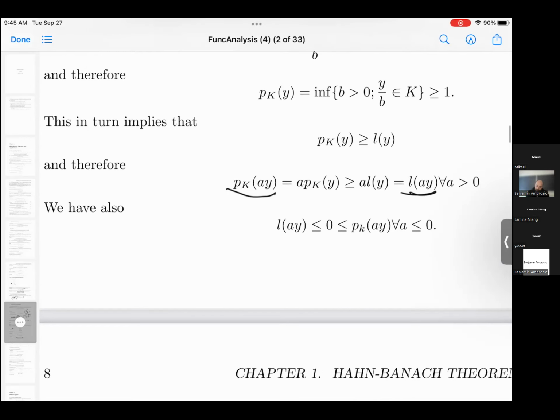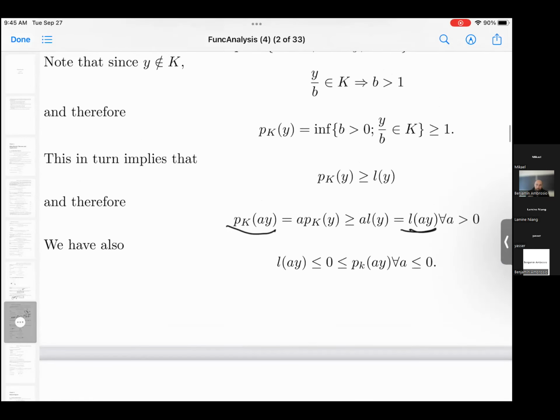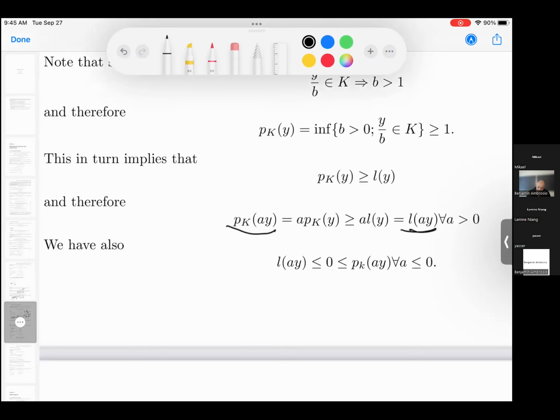And that's it. If I apply my Hahn-Banach theorem, I get that I can extend L, with L of x less than Pk of x for all x in X.